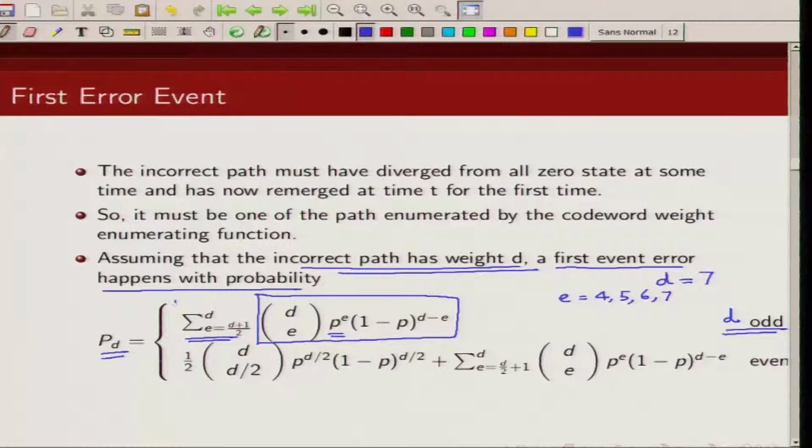So, this will give us the probability of first event error.